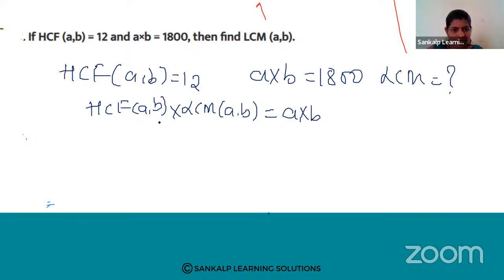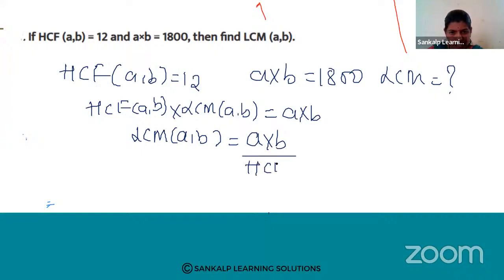We know the value of HCF, but we don't know the LCM, and we know the product of A into B. Now LCM of A and B is equal to A into B divided by HCF of A and B. When you transfer this HCF to this side, it becomes divided by HCF. So A into B value is 1800 divided by HCF, which is 12.